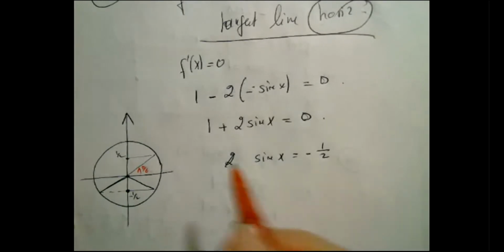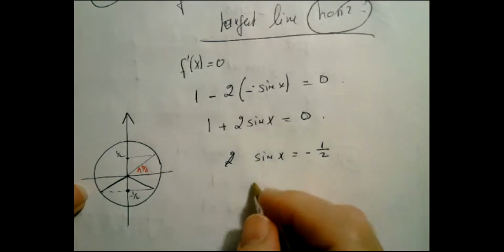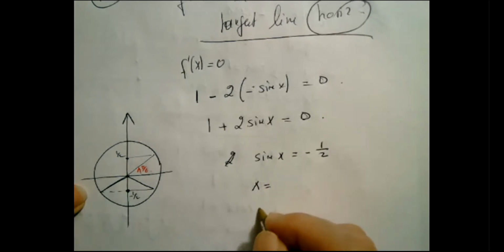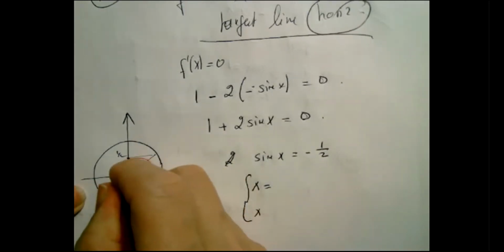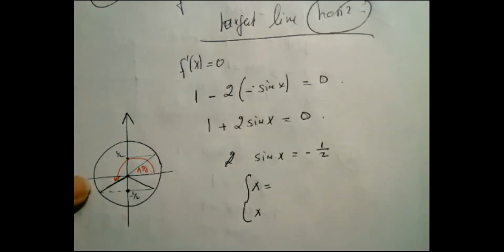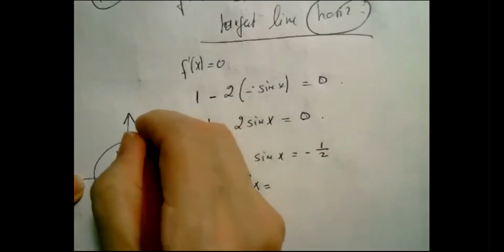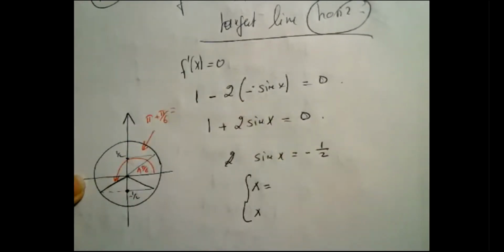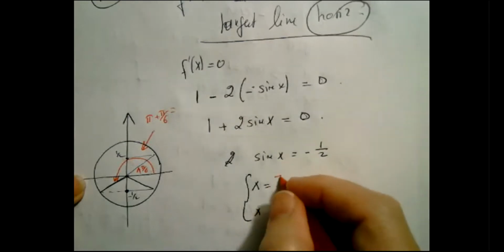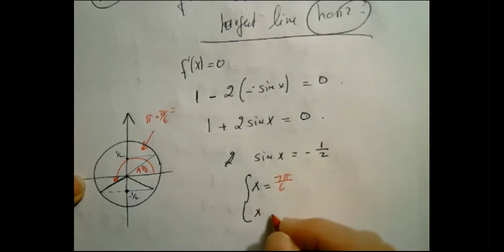So now the angles we're looking for, we have two sets of angles. We want this one right here. That's pi plus pi over 6, which is 7 pi over 6. So we will have here 7 pi over 6.